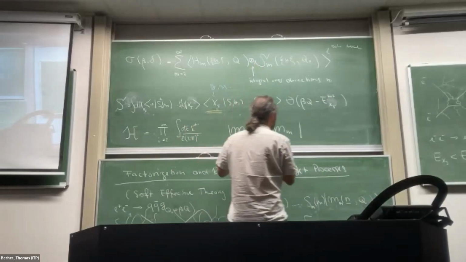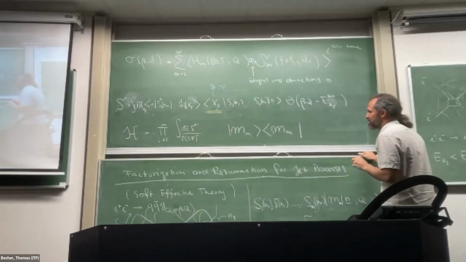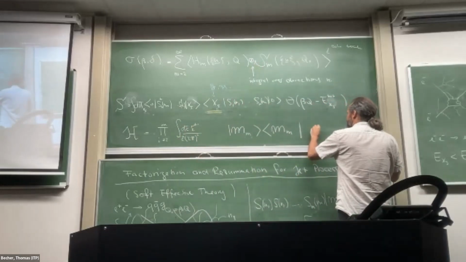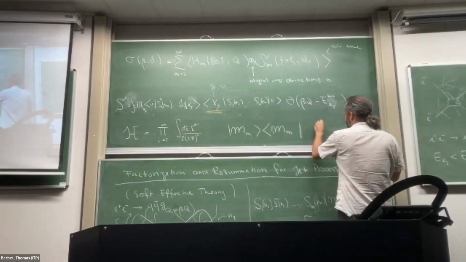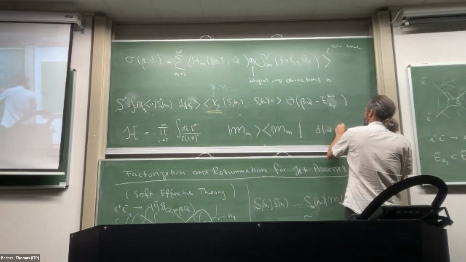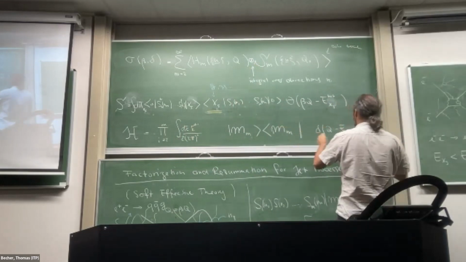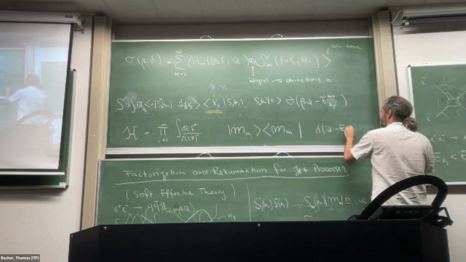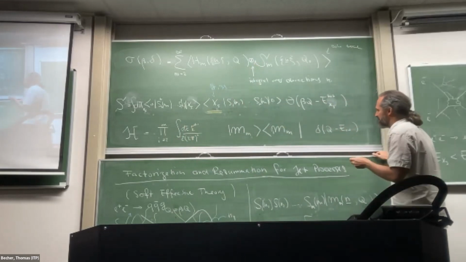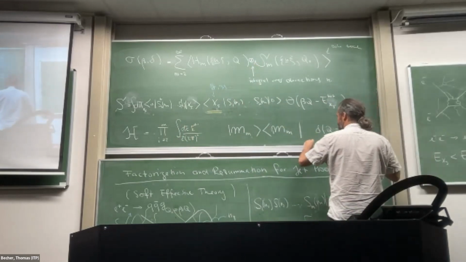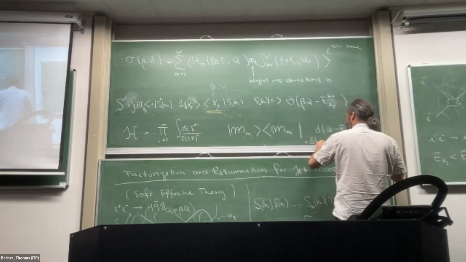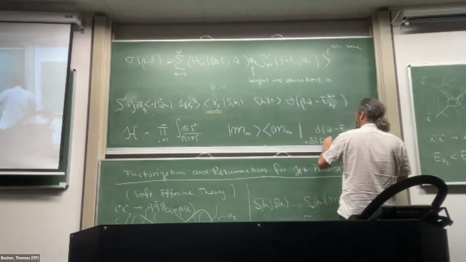So that is this, and then there are of course phase space constraints. There is the energy momentum conservation: Q minus the total energy of these hard partons. Then if you're in the center of mass frame, there is a delta function that the total momentum has to be 0. That's the definition of this frame.